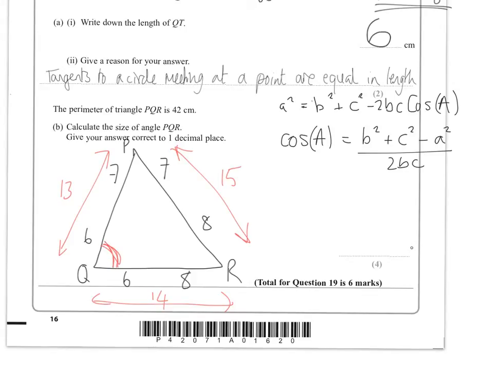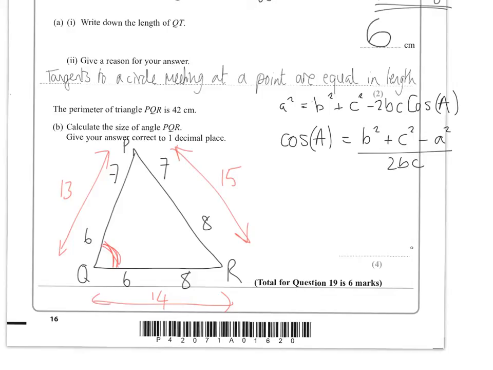Now the cosine rule, as expressed on the formula sheet, is a squared equals b squared plus c squared minus 2bc cos A. A rearrangement of that to find the angle A, if I add the 2bc cos A to the other side, minus the a squared, and then divide by the 2bc, gives me cos A equals b squared plus c squared minus a squared, all divided by 2bc. I can then use that to work out the angle A.